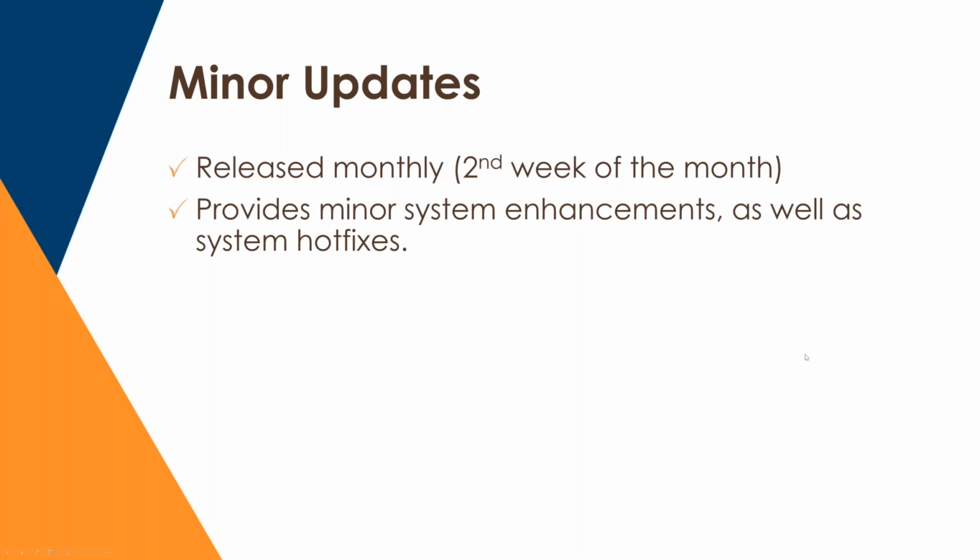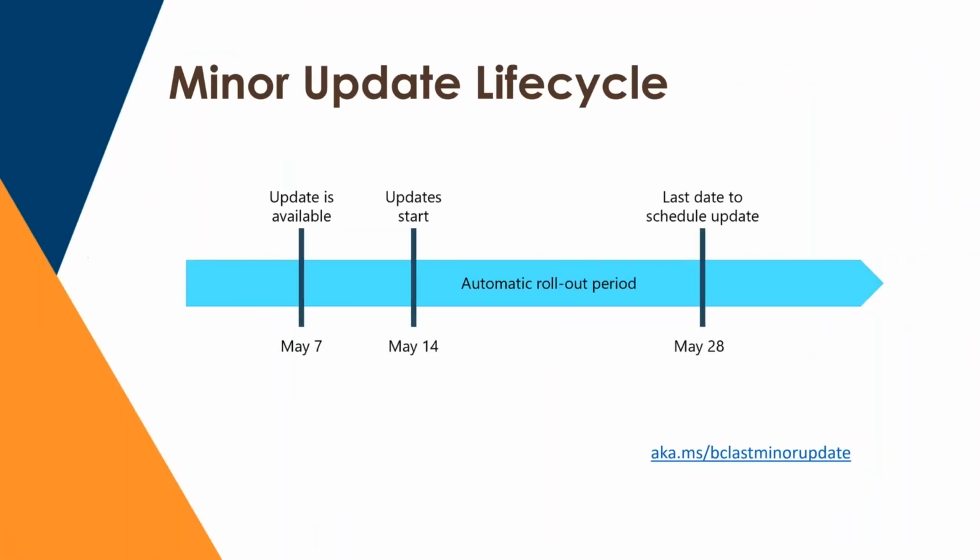For the minor update lifecycle, it's a lot shorter. Microsoft gives you 30 days to upgrade your environment when it comes to the minor updates. So the update is usually available the first or the second week of every month. And then Microsoft will start rolling out those updates a week later.